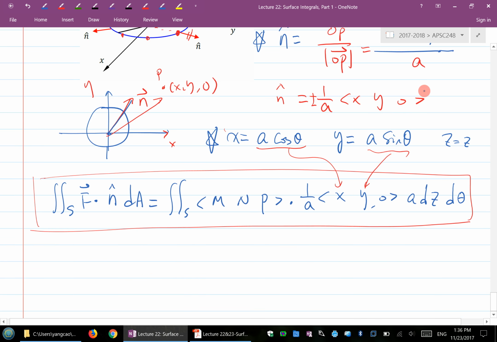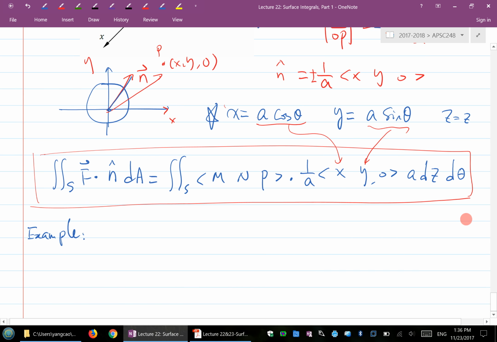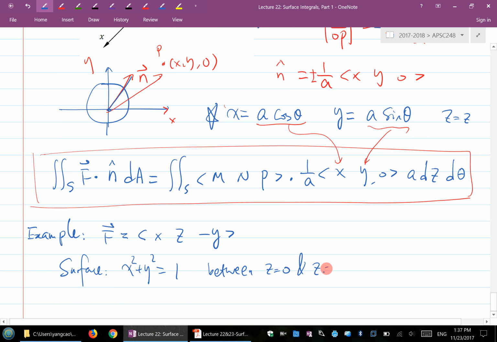Okay, let's look at an example, just basically plugging a specific example into this formula. Say that we have a vector field x, z, negative y, and the surface is x squared plus y squared equal to 1, between z equal to 0 and z equal to 1.